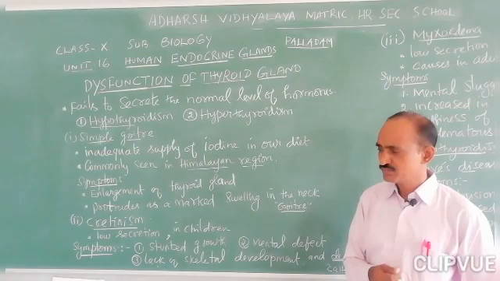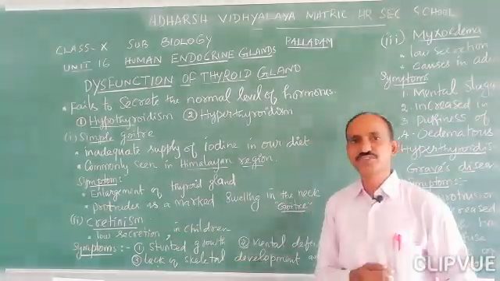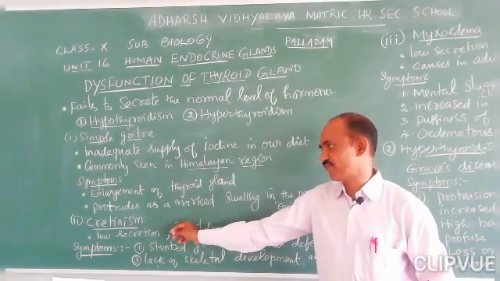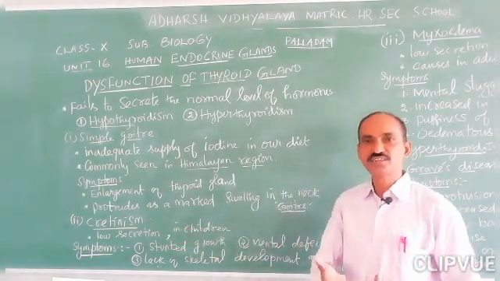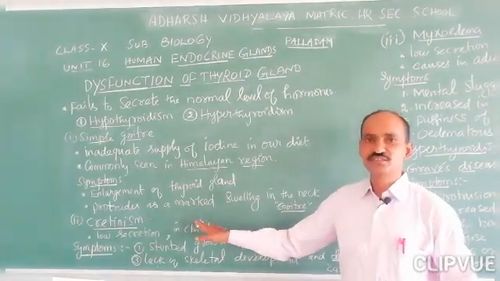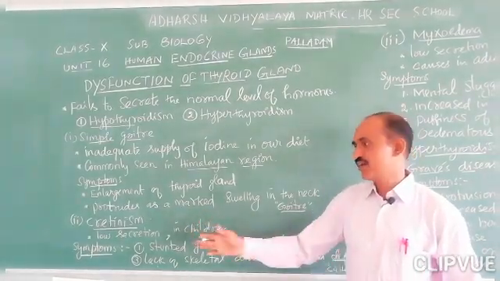குள்ளத்தன்மை அப்படின்னு பேர். This disease is caused due to low secretion of thyroxine hormones, that is T3 and T4 hormones, and this mainly affects children.